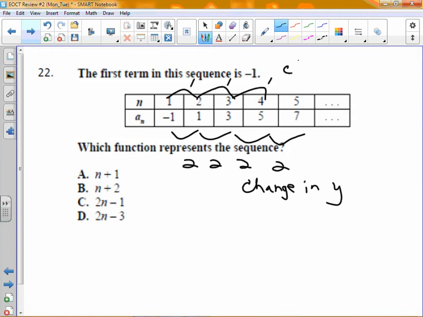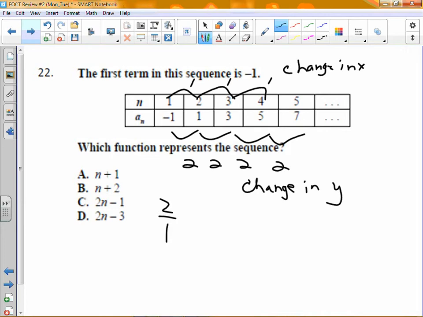Guys, the definition of change in y over change in x is the slope. Okay, so it's 2.